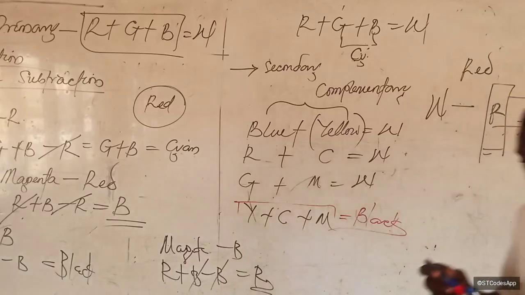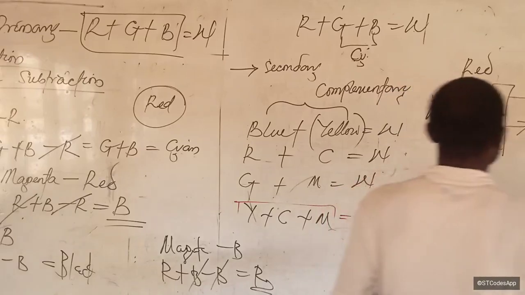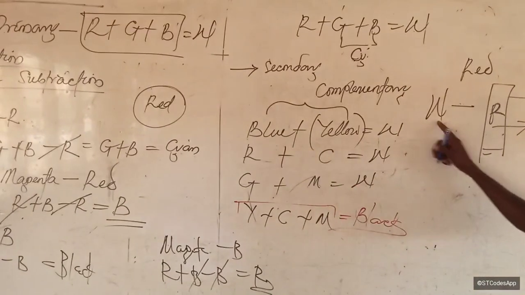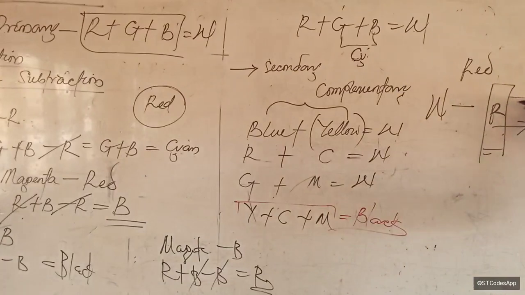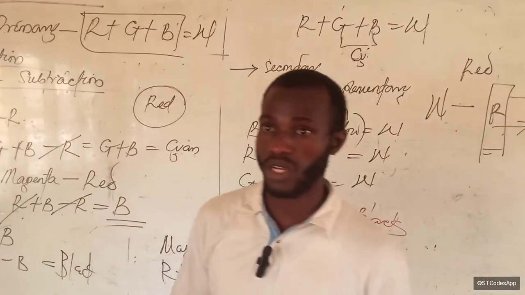So a color filter absorbs its own frequency and transmits other frequencies. Green and blue will be transmitted, and the color you see is green plus blue, and that is cyan. All right, and that's all on color subtraction and addition.